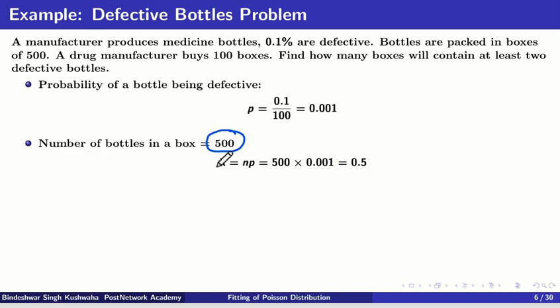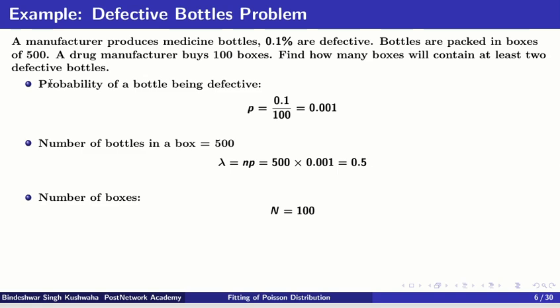So lambda we get by multiplying n into p, where n is large and p is small, so we get lambda equal to 0.5, and the number of boxes is capital N.